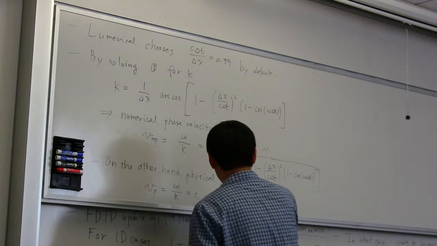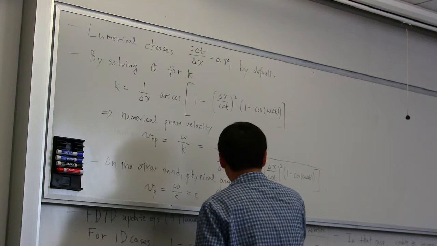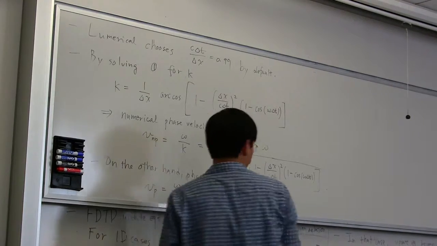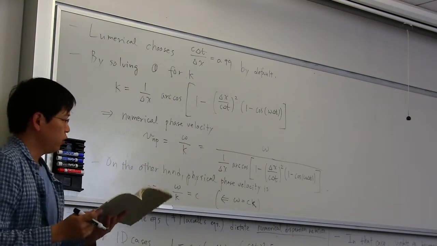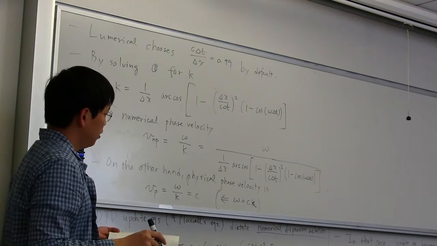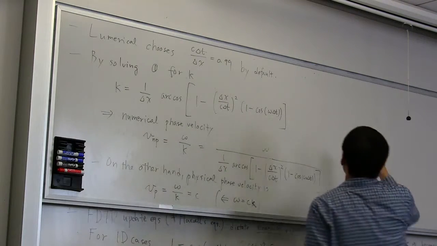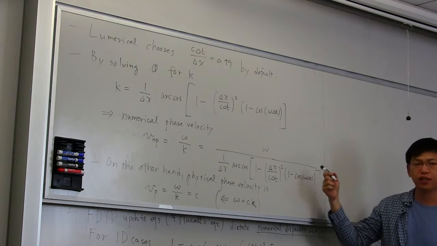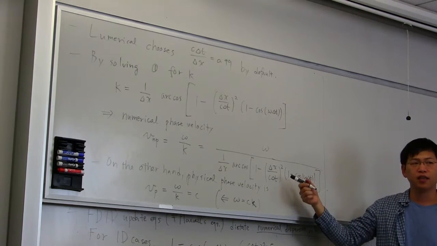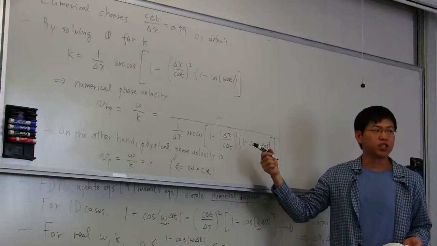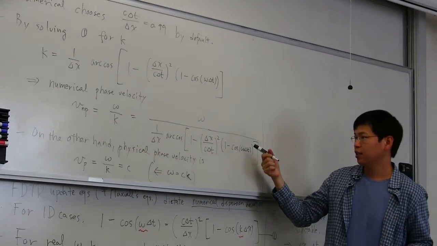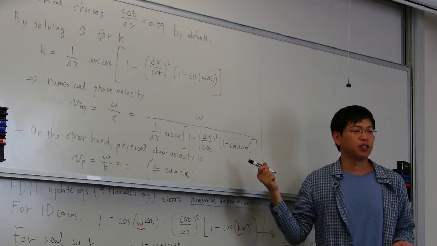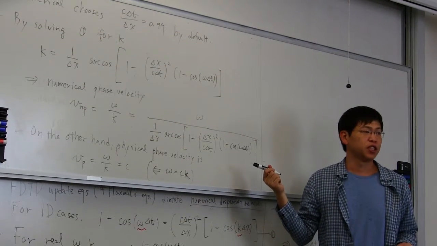This comes from omega equals ck. So the bottom line is that for given delta t and delta x, if you use the update equation instead of Maxwell's equation, your phase velocity is not constant, even if the medium is homogeneous.